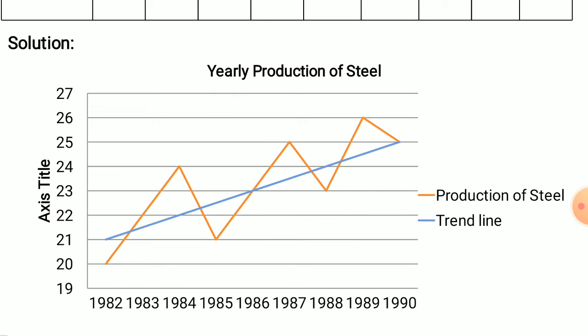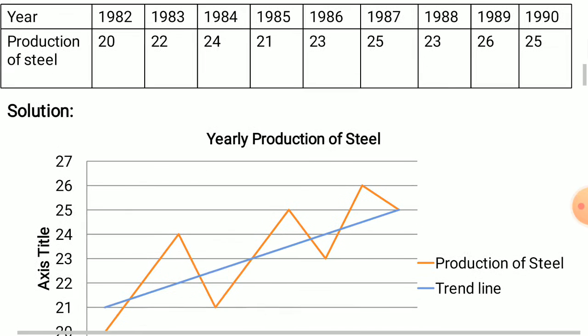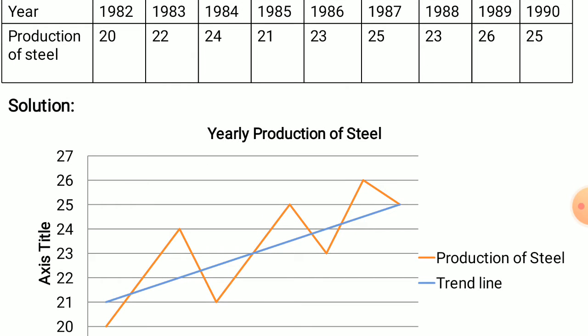These are the production of steel points which are plotted.